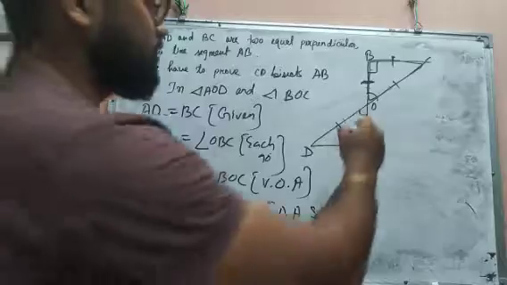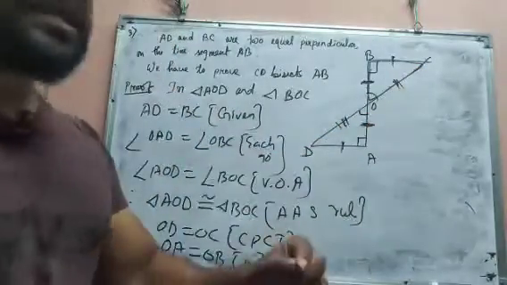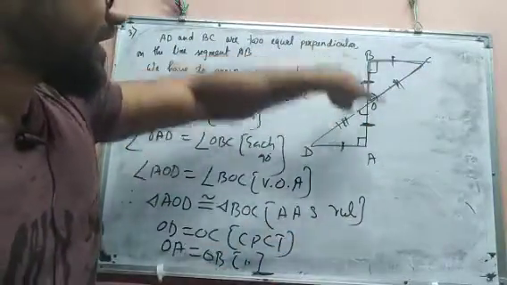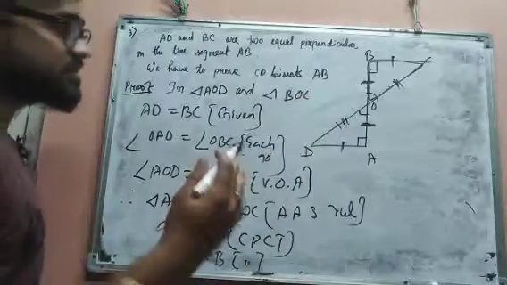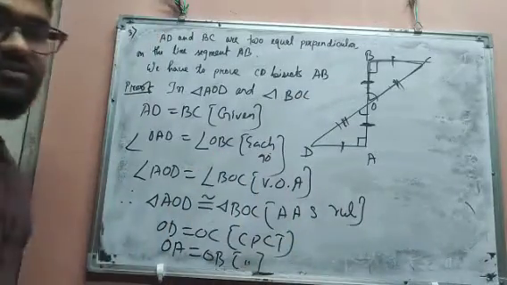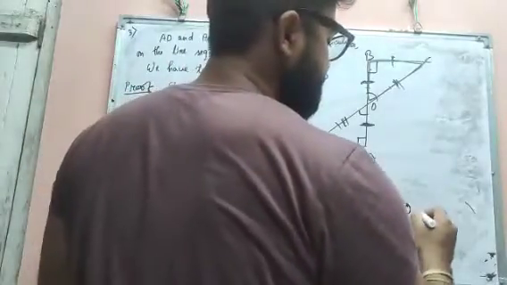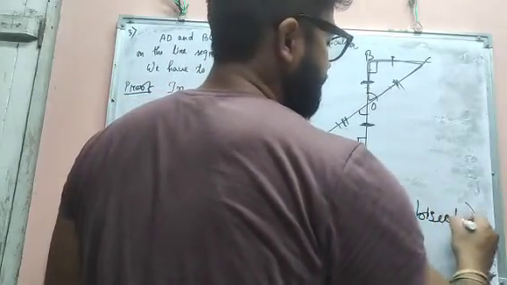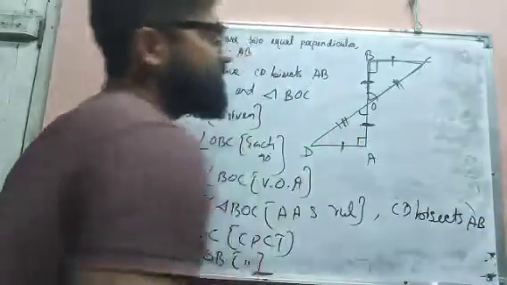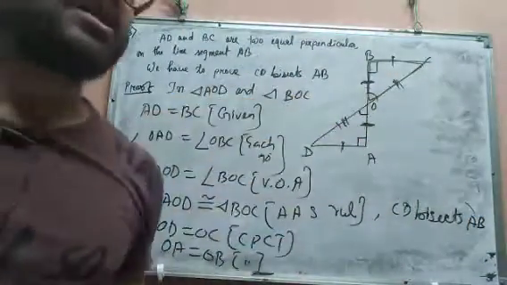And also OD equal to OC. So we can say that these two lines, apart from being perpendicular, are mutually bisecting. That means you can show that CD bisects AB. Therefore, CD bisects AB, because as they are bisecting each other, these two are equal.